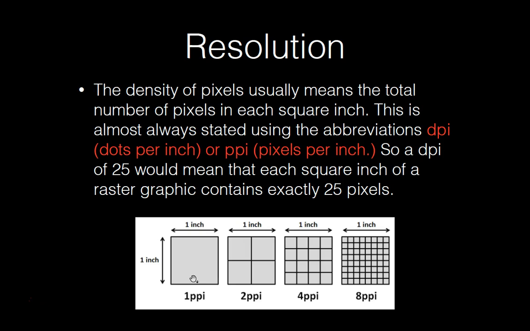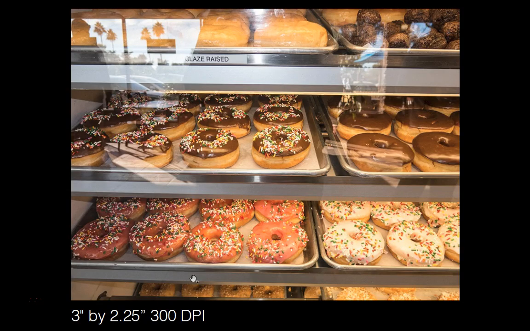When we're working on web-based graphics, typically the screen wants it to be 72 PPI, but when we're working on things that are intended to be printed, they need to be 300 PPI for the dense pixels to create a large, beautiful image. Now we have an image that's 3 inches by 2¼ inches, and it's at 300 PPI. The quality is fairly good.